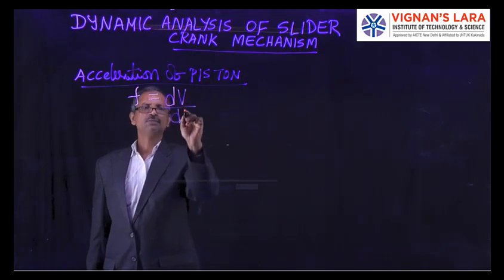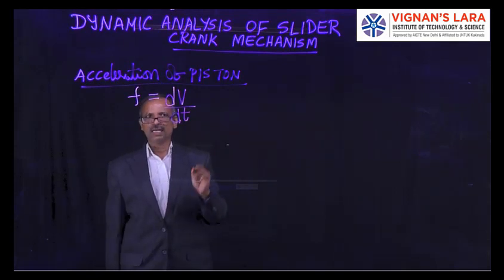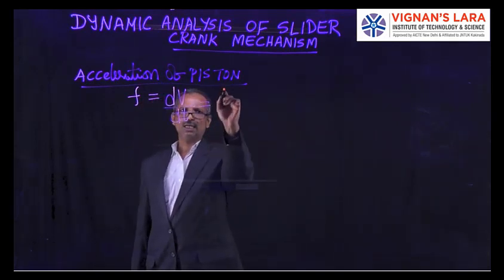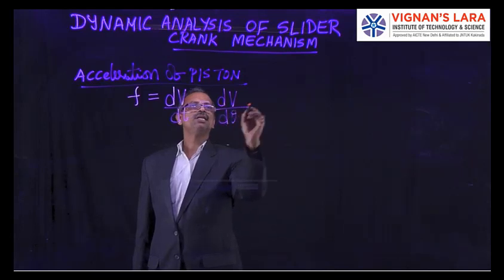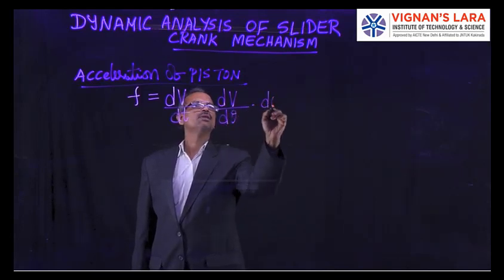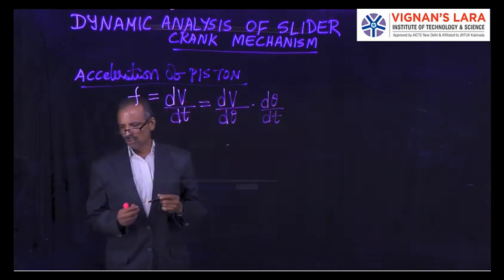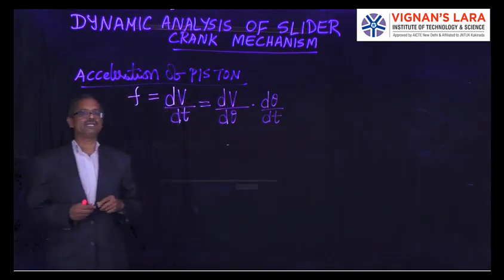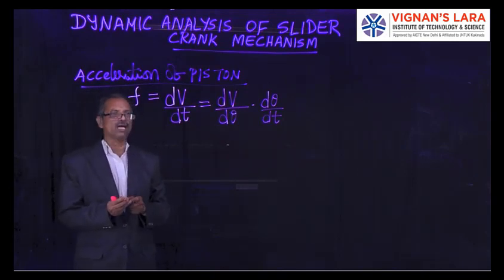that is dv by dt. So how can we write dv by dt? This can also be written as dv by d theta into d theta by dt. You have already seen in the previous case that d theta by dt is nothing but omega.